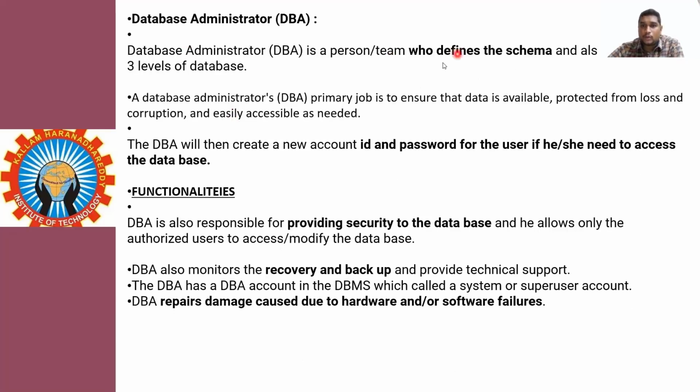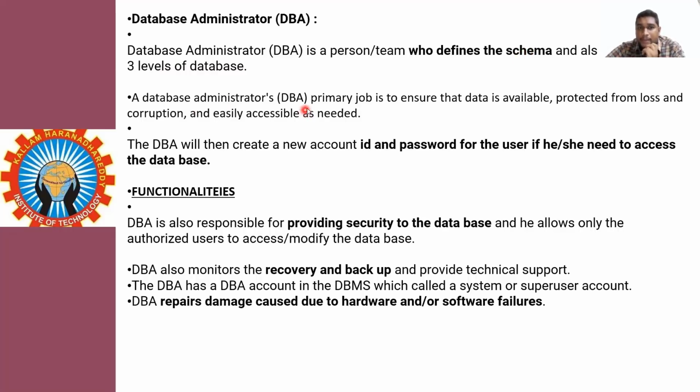The DBA is a person who defines the schema, meaning the structure that has to be there in the database, and also deals with the three levels of the database. The actual structure has to be maintained by the DBA, and access to the three levels is also maintained by the DBA.